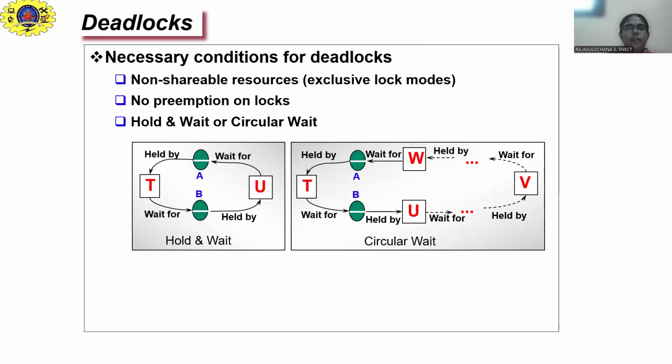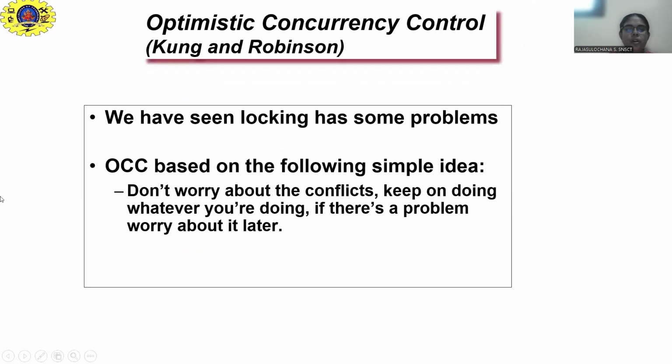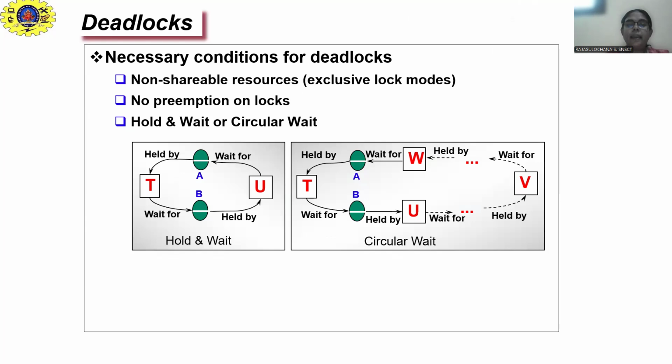For a deadlock to occur, it is essential to ensure that there should not be any shareable resource. If there is any shareable resource, deadlock will not arise. All the resources have to be exclusively used by only one transaction at any time. It should not be shared.